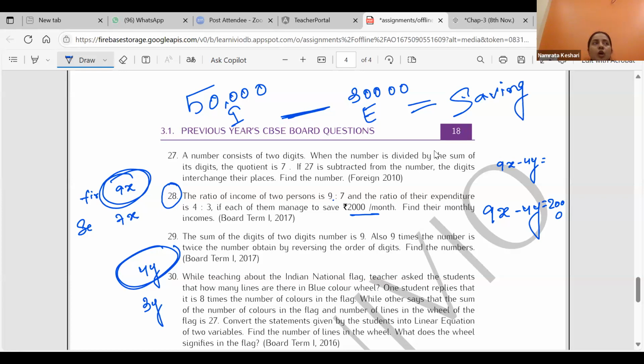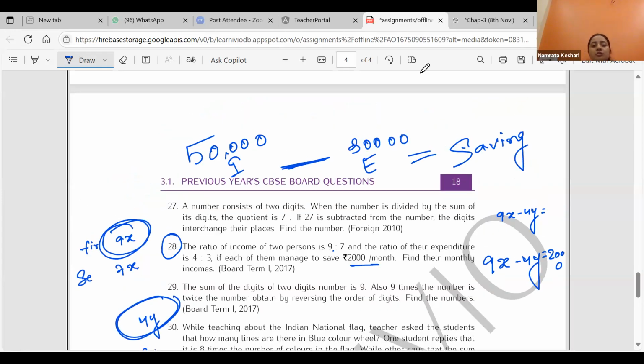Not only in one class, I believe in many classes I have told you that when we have the ratio 9 is to 7, anywhere in mathematics we can separate the ratio, but we have to take the same variable with 9 and 7. Yes or no? Yes, ma'am. So 9 is to 7 can be taken as 9x and 7x.